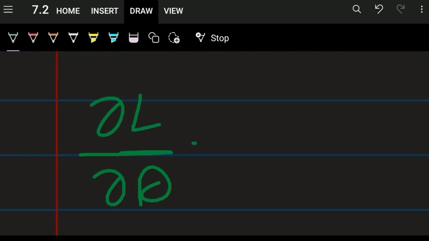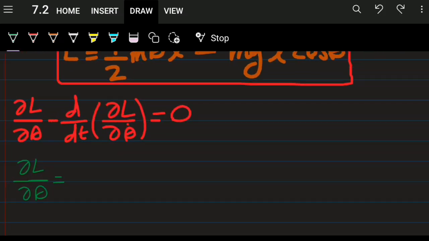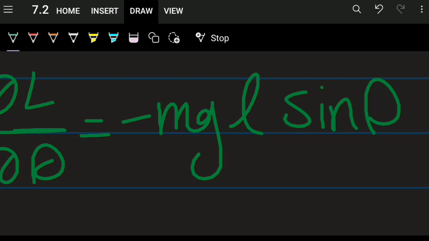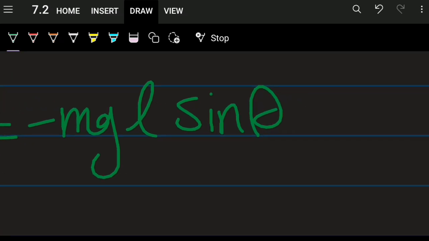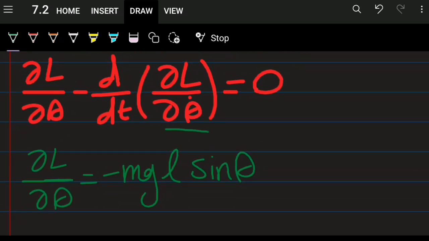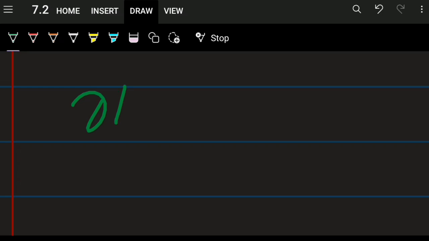We derive only the part that contains theta. The term with theta dot is considered a constant when we derive with respect to theta. Now the term partial L partial theta dot. Here the part with theta is constant.